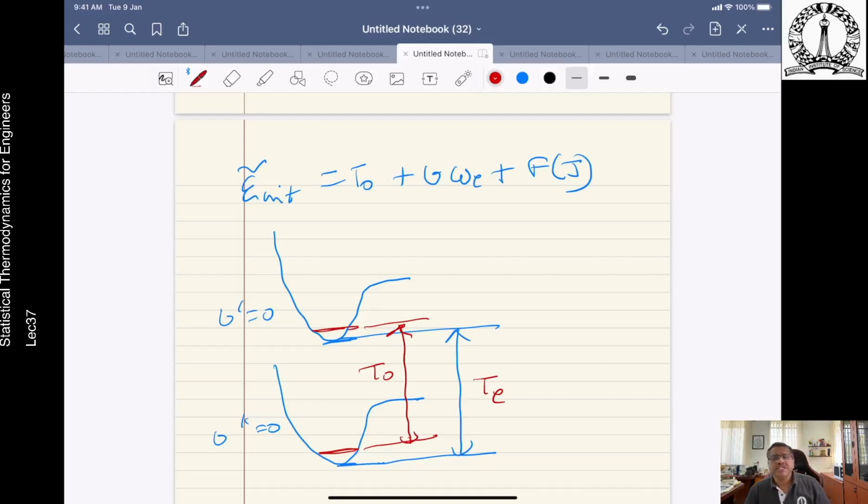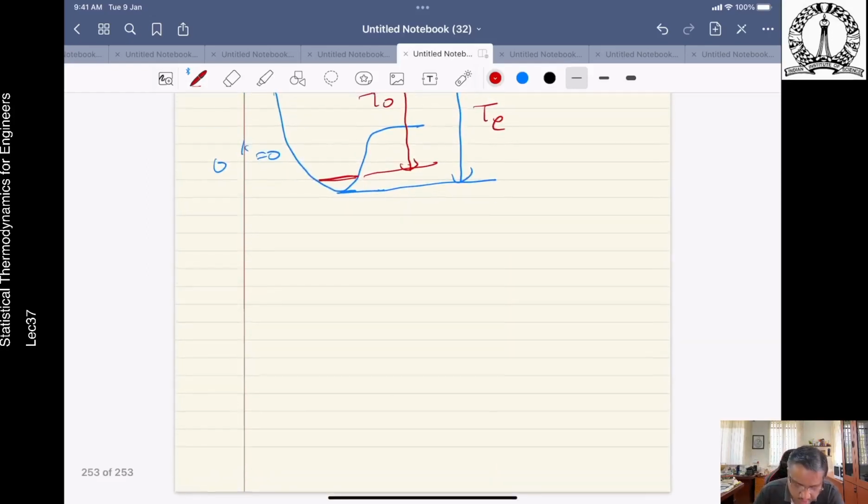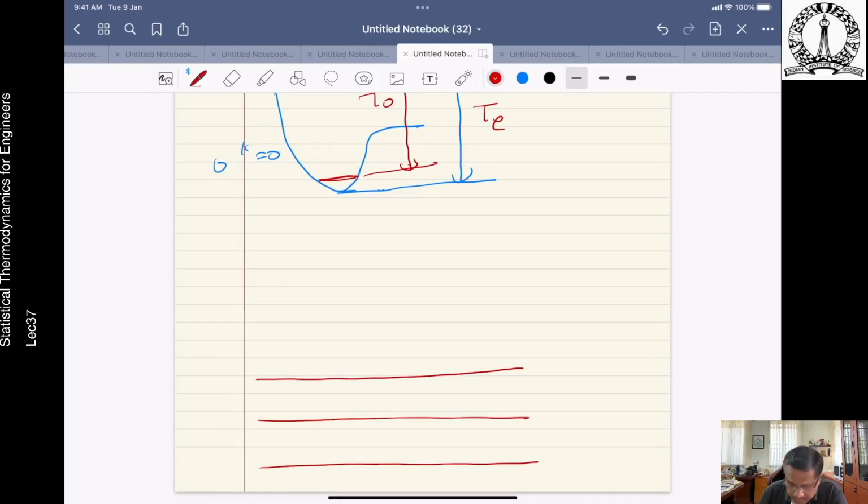the various energy levels without their Morse potential can be shown in this particular way. Let's draw this diagram also. So this requires a little bit of an effort. Let's see if this can be drawn properly. This is V double prime equal to 0, V double prime equal to 1.